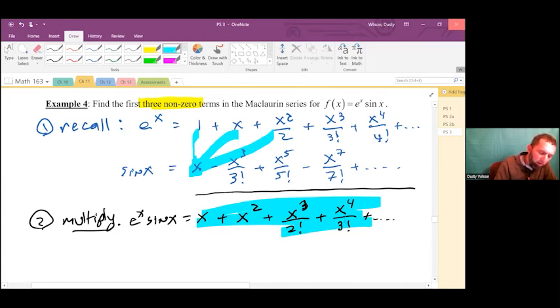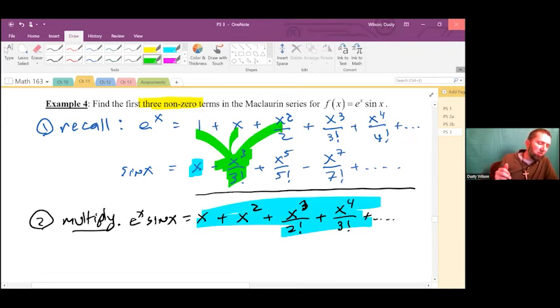And then we can move over to the next term, the x cubed, and we can multiply that x cubed over 3 factorial times each of the terms in e to the x. So this would be plus, and I'm going to line it up, x cubed over 3 factorial.